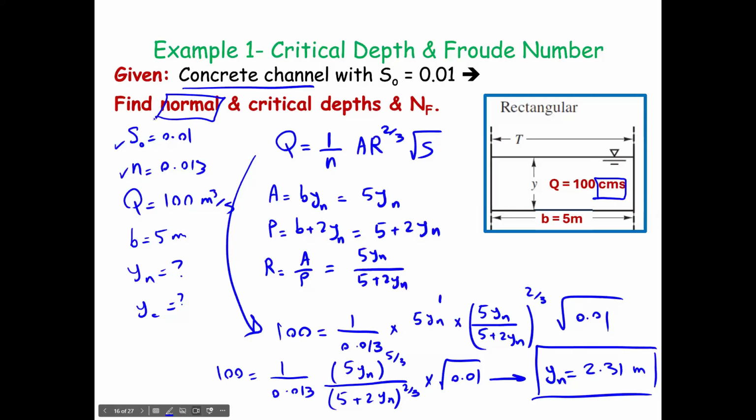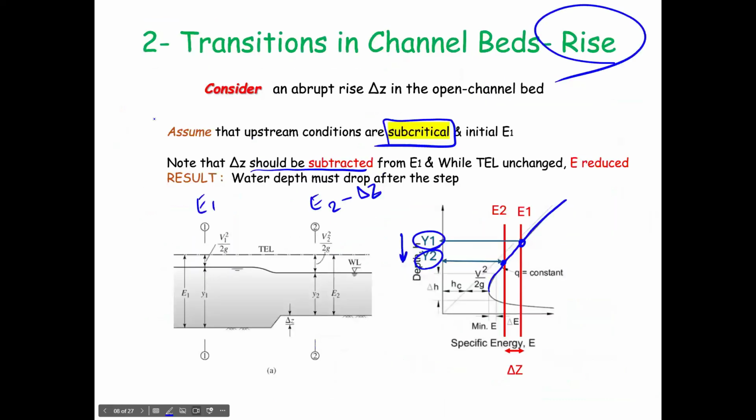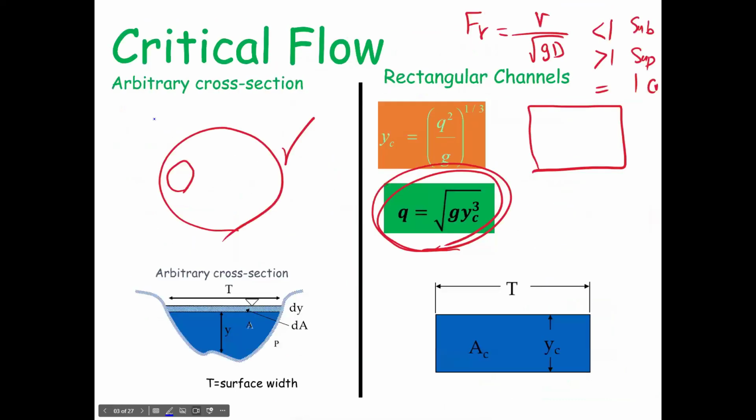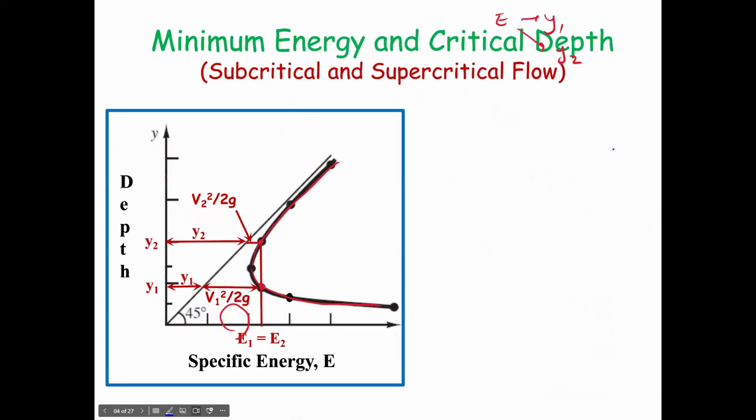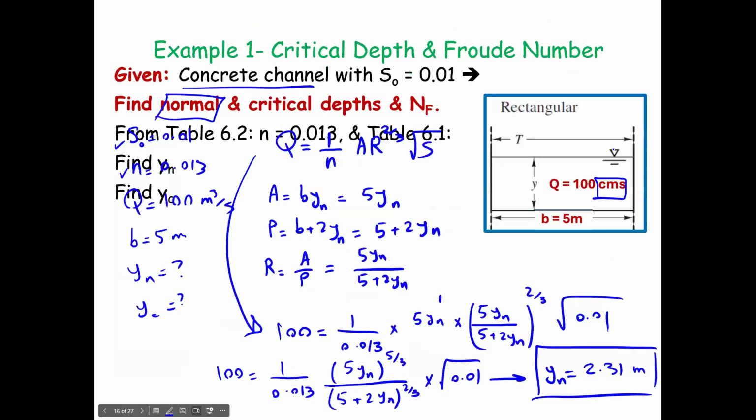I will come back to this slide, but before I continue, I will go to the first slide I started here. Do you remember for critical flow, I gave you two situations, rectangular and arbitrary, and for rectangular I'm going to use these ones. Okay, back to here.